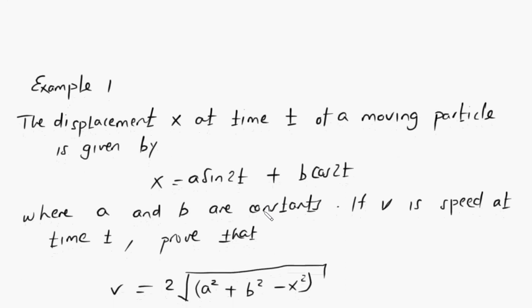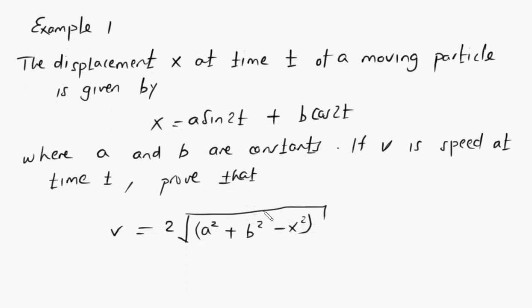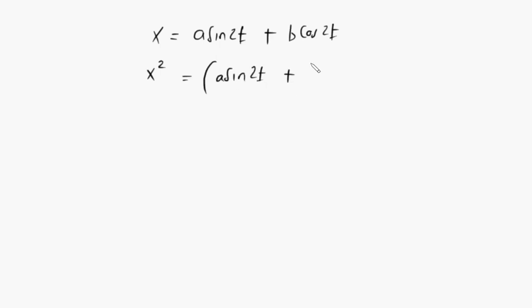So we have x is equal to a sine 2t plus b cos 2t. So if you square both sides like this, x squared is going to be (a sine 2t plus b cos 2t) squared.